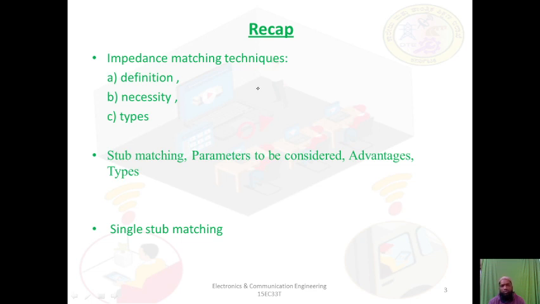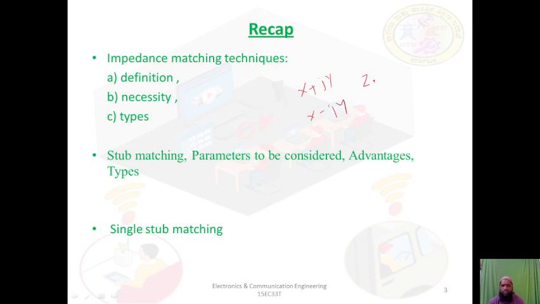It is a process of making one impedance look like another. We have already learnt in our maximum power transfer theorem that if the load is the complex conjugate of the source impedance, then only maximum power will be transferred to the load. So if our source impedance is x plus jy, then our load impedance should be x minus jy.